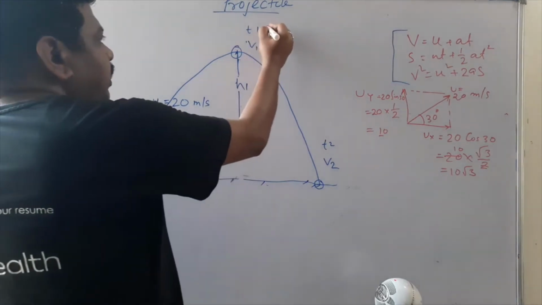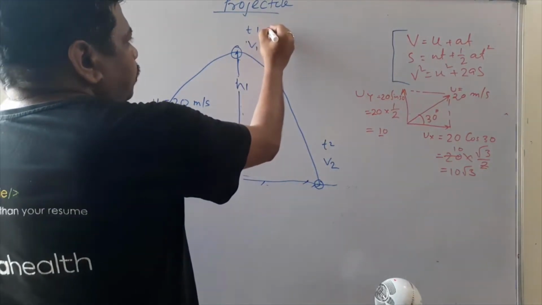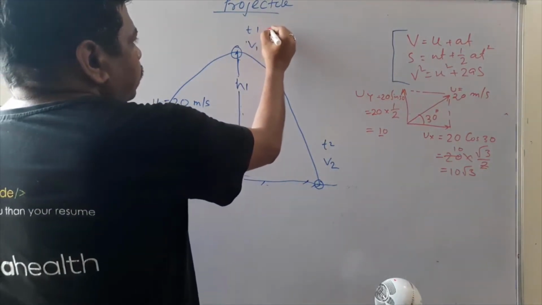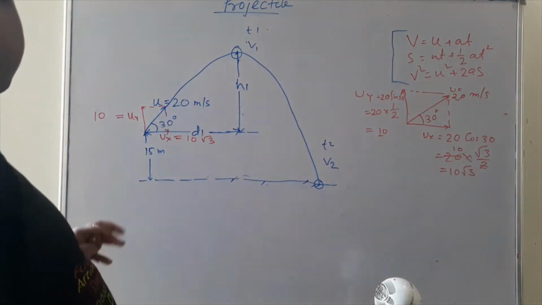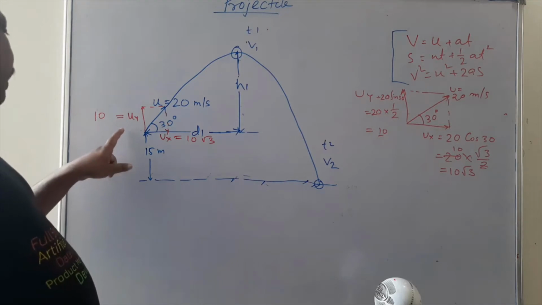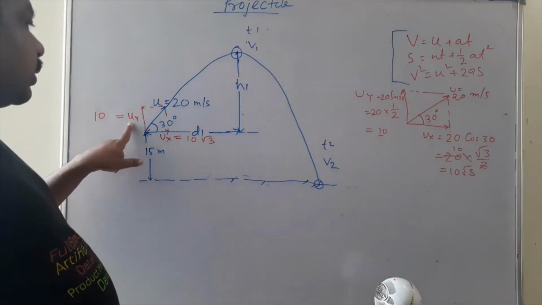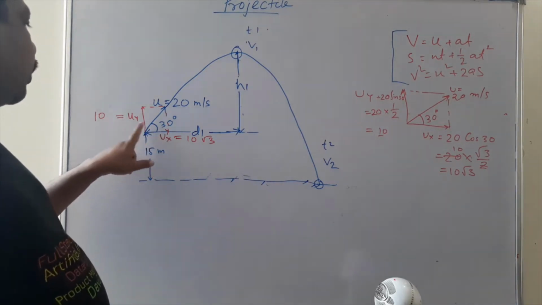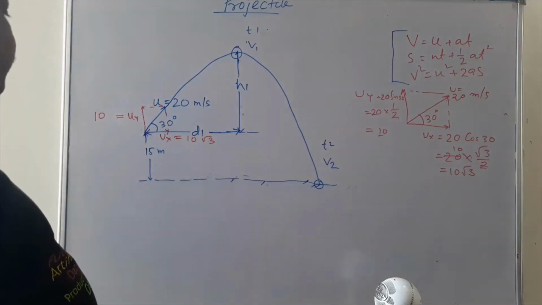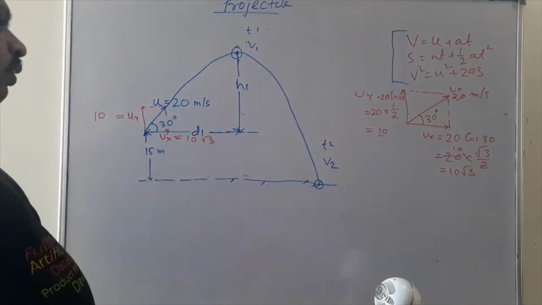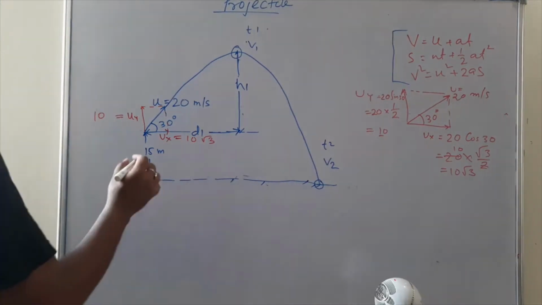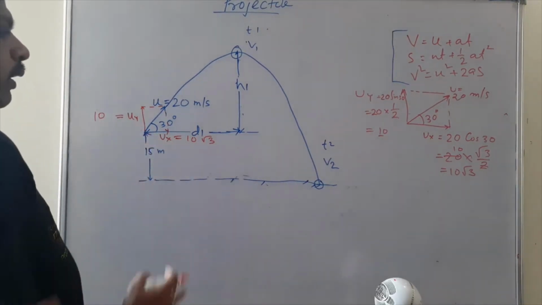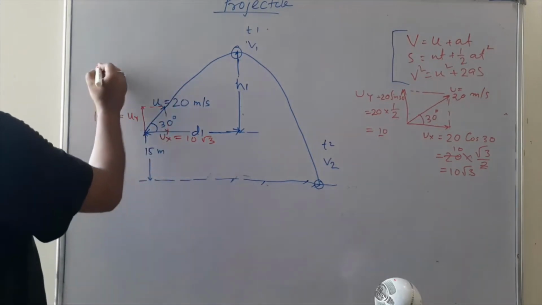Now can you calculate t1? To calculate t1, which velocity will you consider, ux or uy? Can you think about it? For any vertical movement you need to consider two parts.